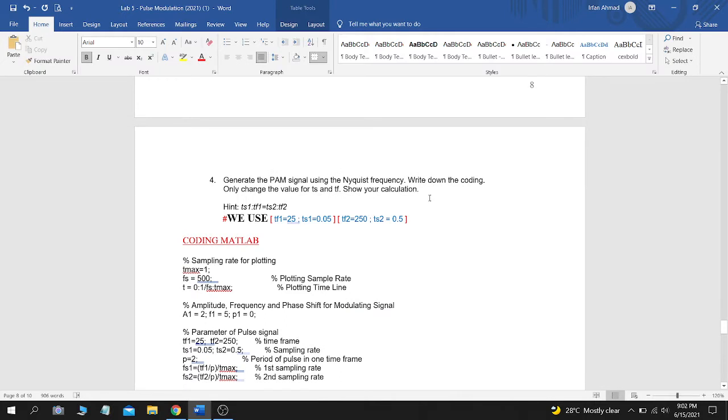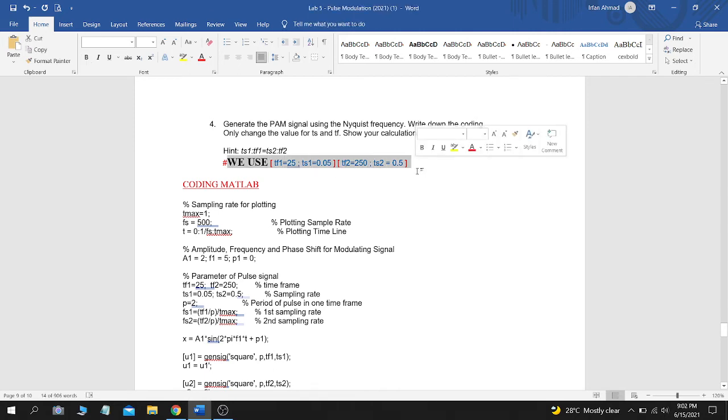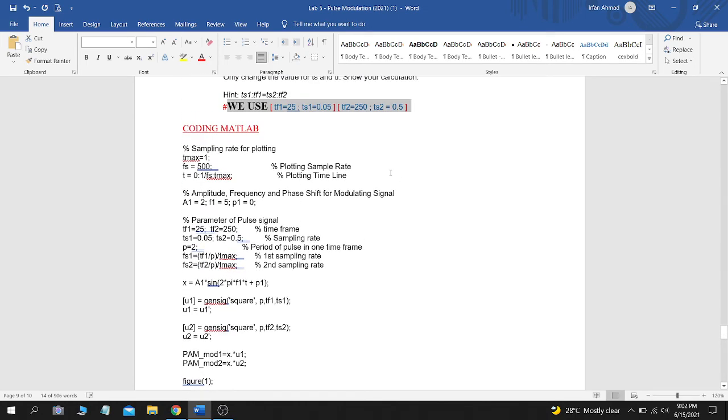Number 4, generate the pulse signal using the Nyquist frequency. Write down the coding, only change the value for TS and TF, and show your calculation. As my teammate explained earlier for TF and TS, we use TF1 of 25 and just change the TS. This is the value that we use. The coding method is the same as earlier.